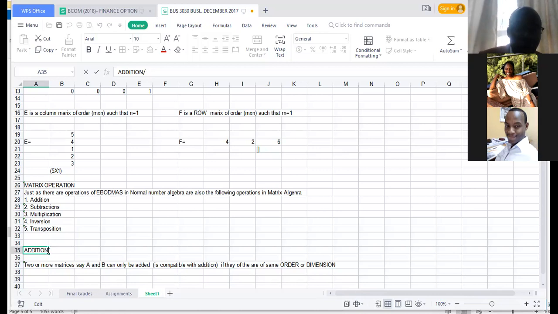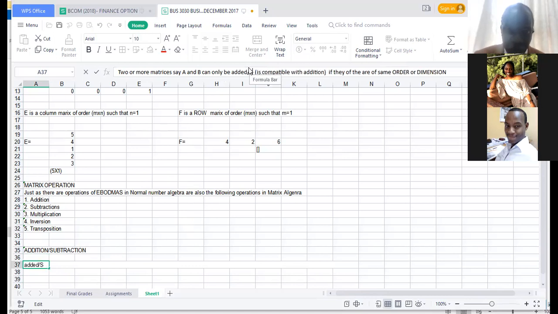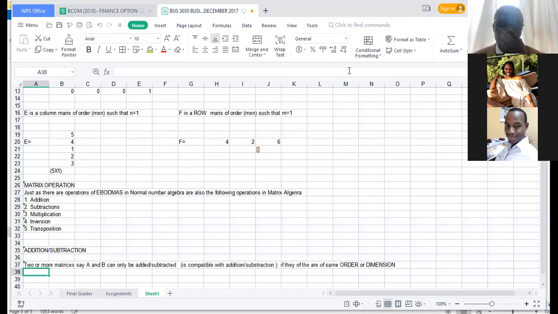So two or more matrices A and B can only be added or subtracted, i.e. they are compatible with addition or subtraction, if they are of the same order. Otherwise, you can't add them.